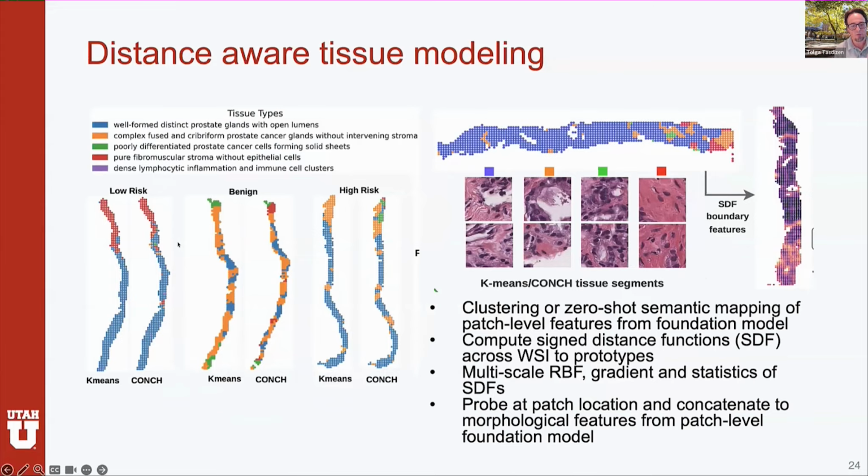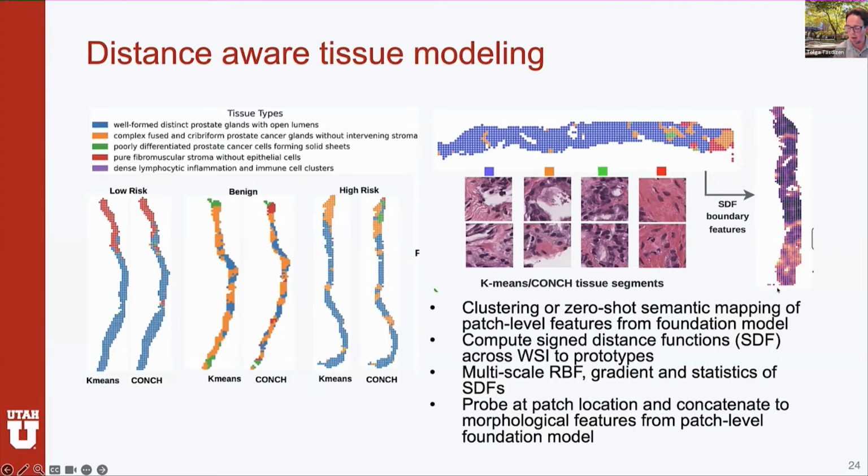So to give a more concrete example here, on the left we're trying to show that k-means is actually not so bad here. It does a pretty reasonable, semantically meaningful job, right? If we take the CONCH model and use prompts to segment patches into different pathologically meaningful classes, we see that they overlap quite a bit with what we get from k-means. Okay. Then, taking one of these clusters, for instance, I believe in this case the orange one, we can compute a signed distance function to that cluster.